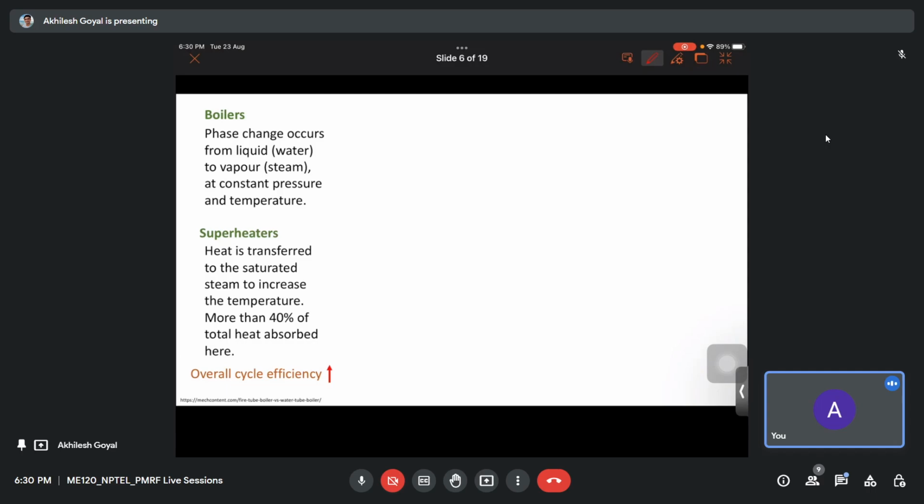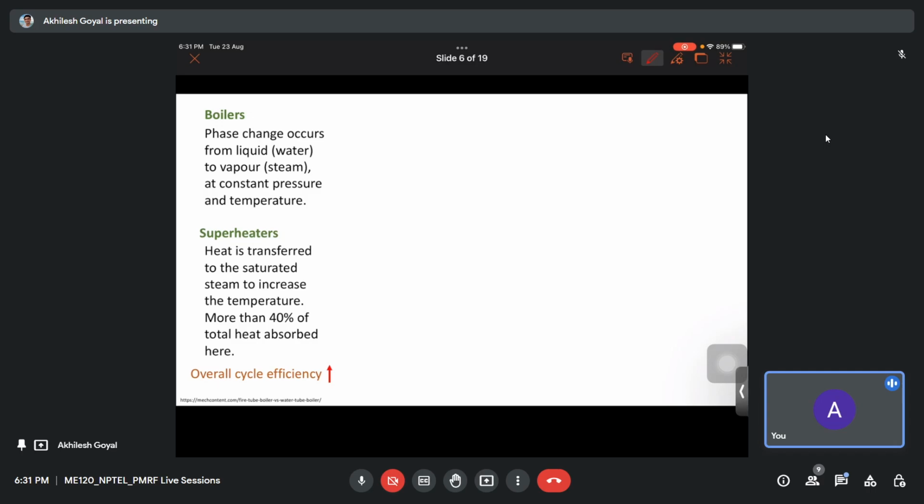Okay, and the second part here is the superheaters. In the boilers the water is converted into steam, and the steam exits the boiler at the saturated steam point. From there, the temperature of steam is further increased by transfer of heat to a superheated state.